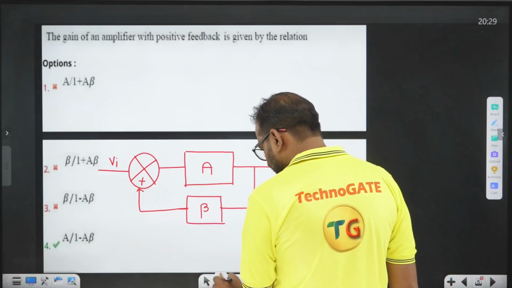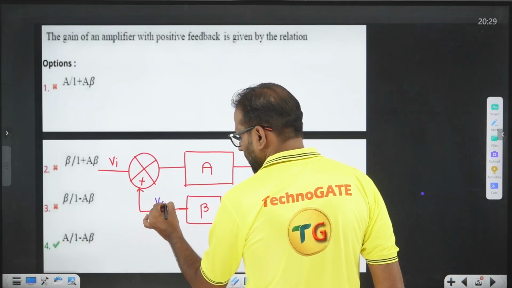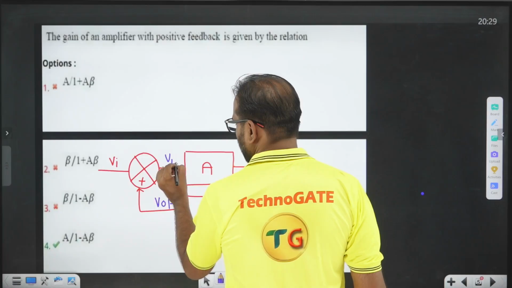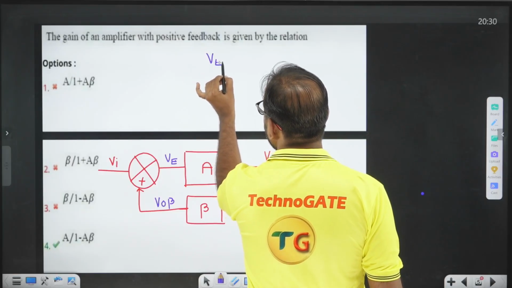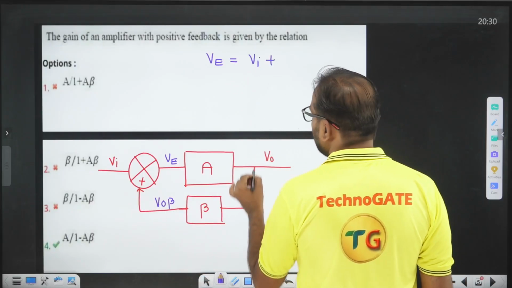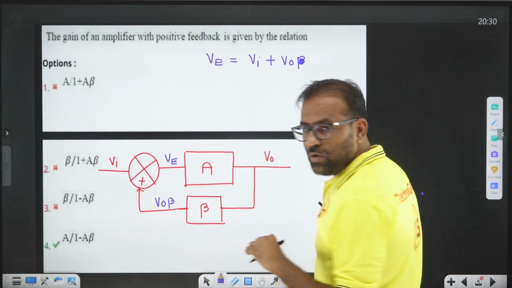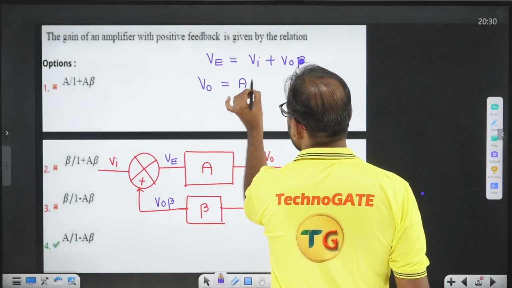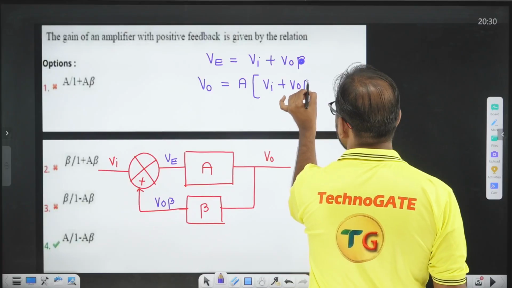What is this value? If this is V out, then the feedback is V out into beta. If I call this value VE, the value of VE is given by VI plus V out into beta. Now the output can be written as V out equals A times VI plus V out into beta.